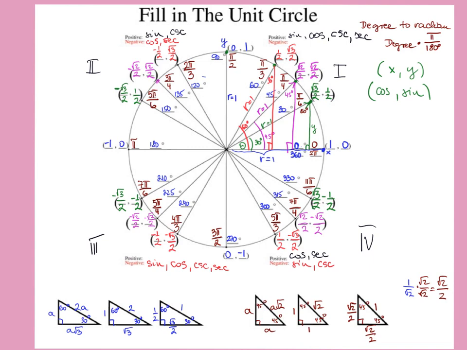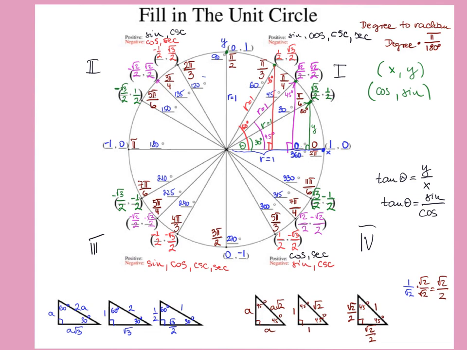Now if we look at the tangent function, tangent theta would be y over x. Since we can see that it's y over x and y is sine, we can say tangent theta is nothing else but sine, and the x value is cosine, so it's sine over cosine.